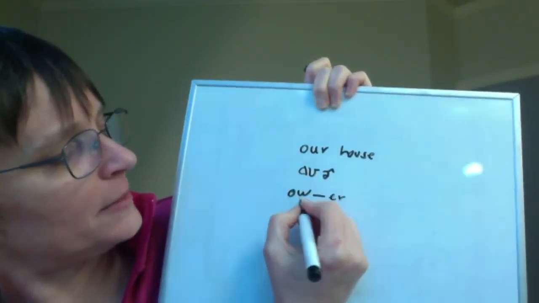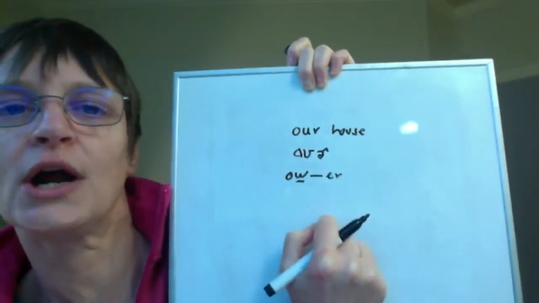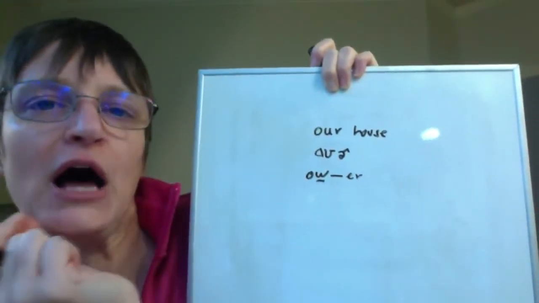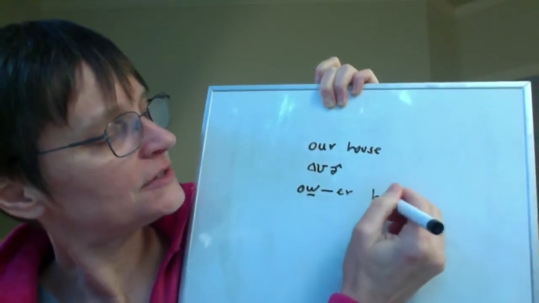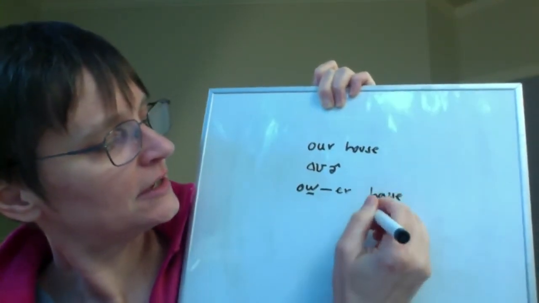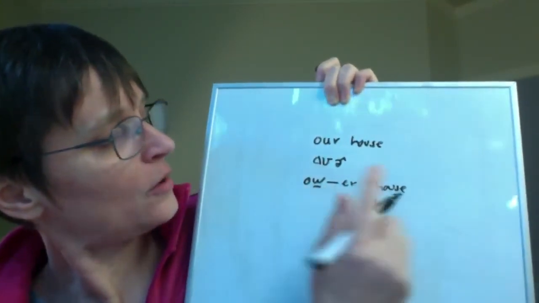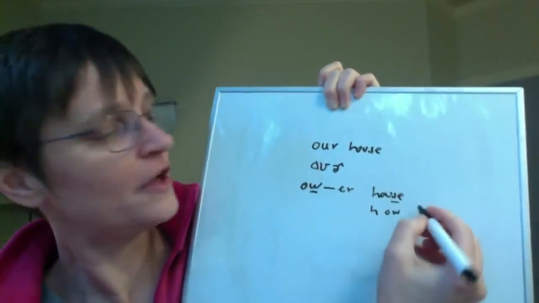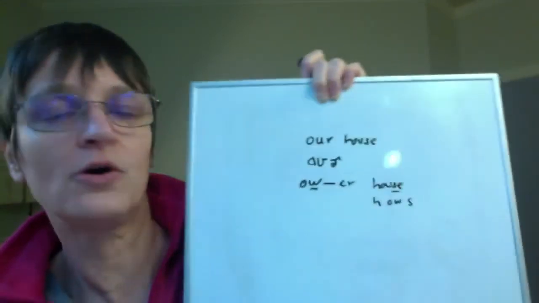Our, and there's kind of a little bit of a W in between. Our. So I close off. "Our house" is just, again, that OW diphthong, and an S. House. Our house.